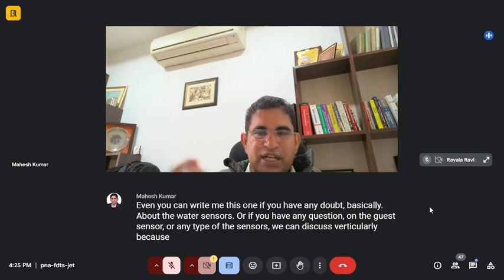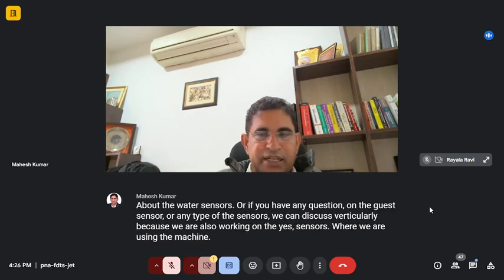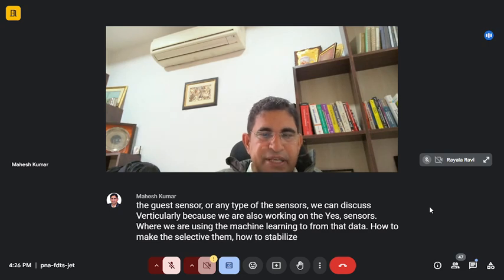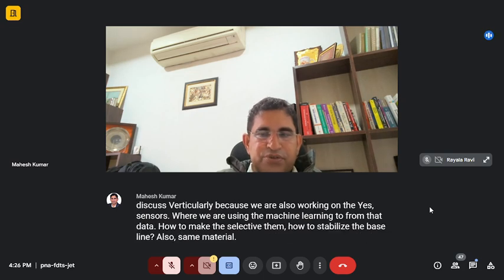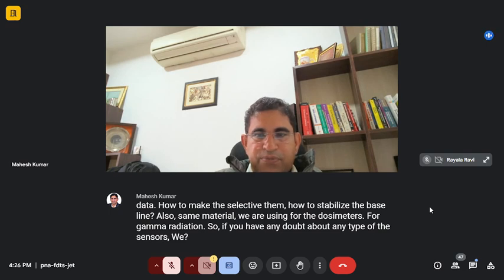We are also working on gas sensors where we use machine learning on the data to make them selective and to stabilize the baseline. The same material we are also using for dosimeters for gamma radiation. So if you have any doubt about any type of sensors, we are open for discussion.